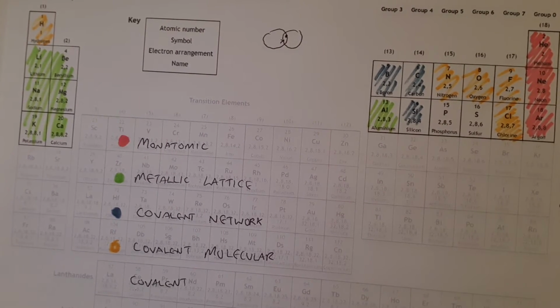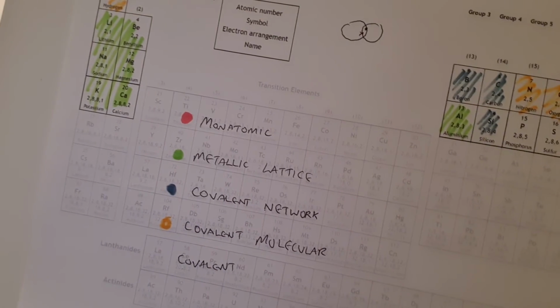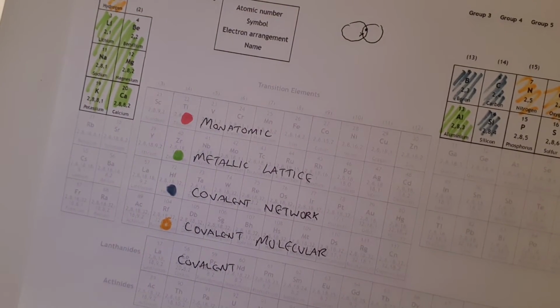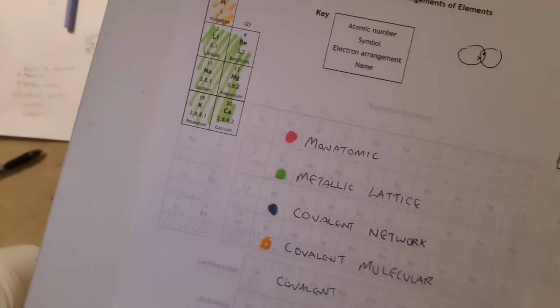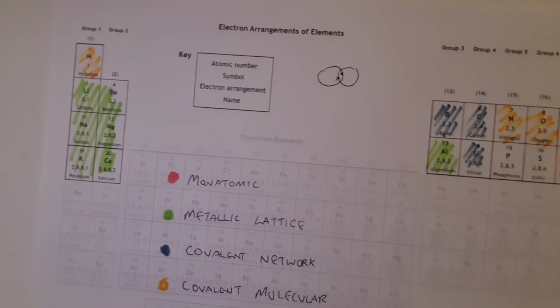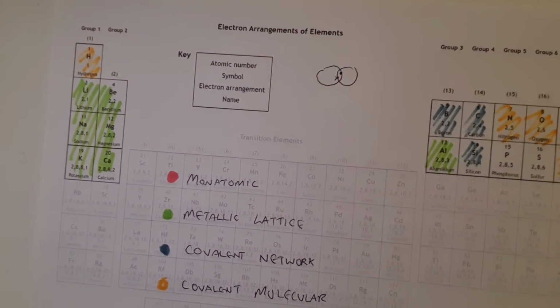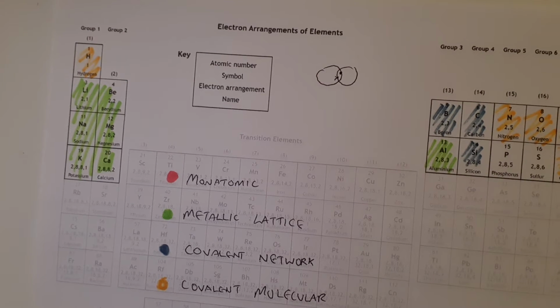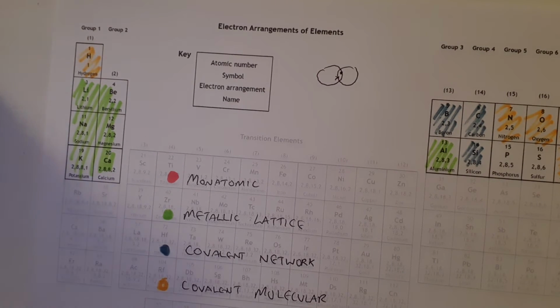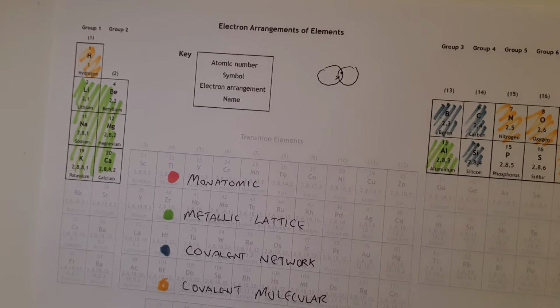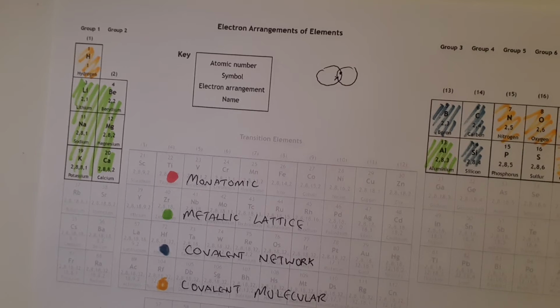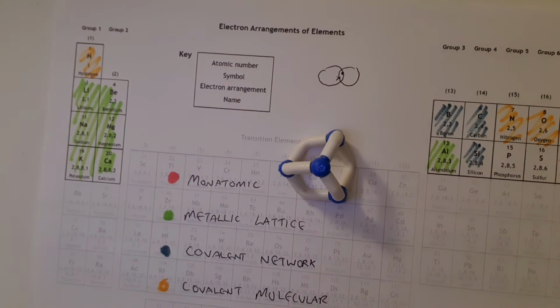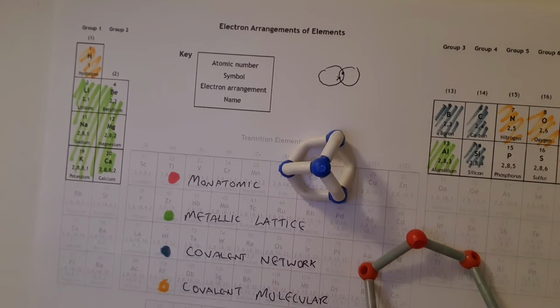Now, all good chemistry teachers have got at home their own model kit, and I've built the structure of what a phosphorus molecule looks like and what a sulfur molecule looks like.